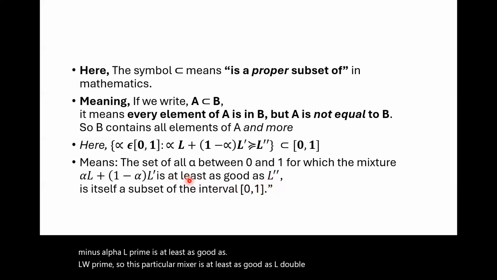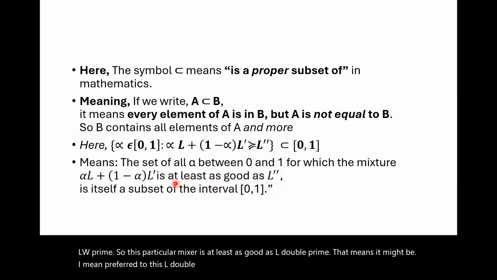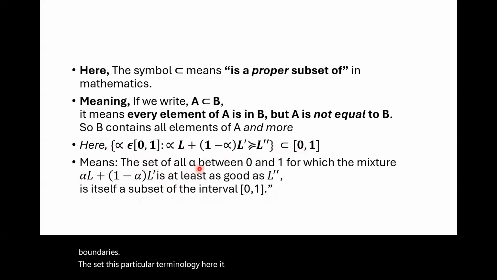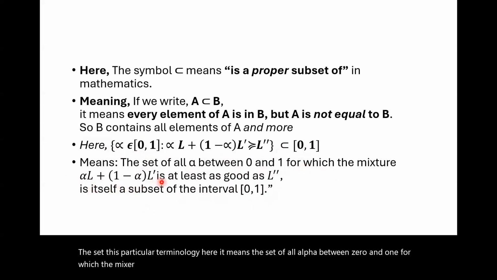That means it might be preferred to L double prime, or it might be indifferent to L double prime, but it is not less preferred than L double prime. This particular mixture is not less than this particular lottery L double prime. The set of all alpha between 0 and 1 for which the mixture alpha L plus 1 minus alpha L prime is at least as good as L double prime is itself a subset of the closed interval 0 and 1.